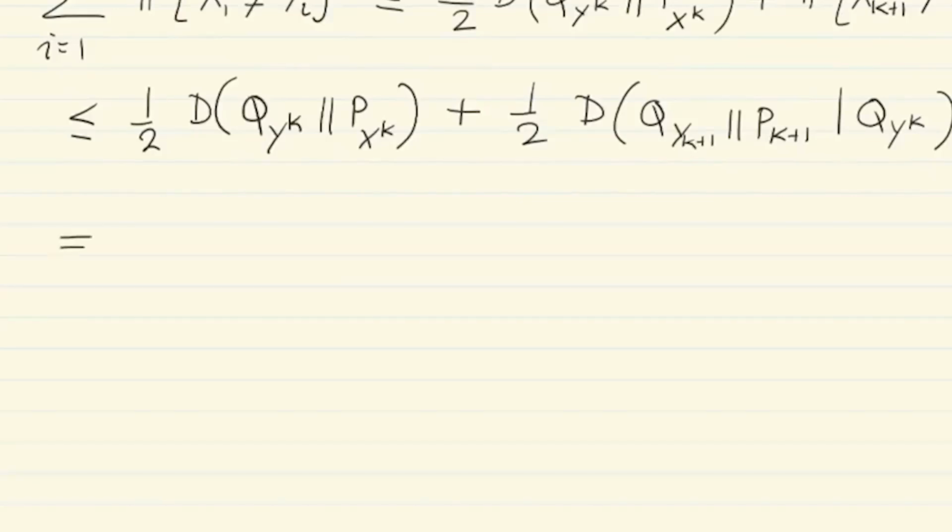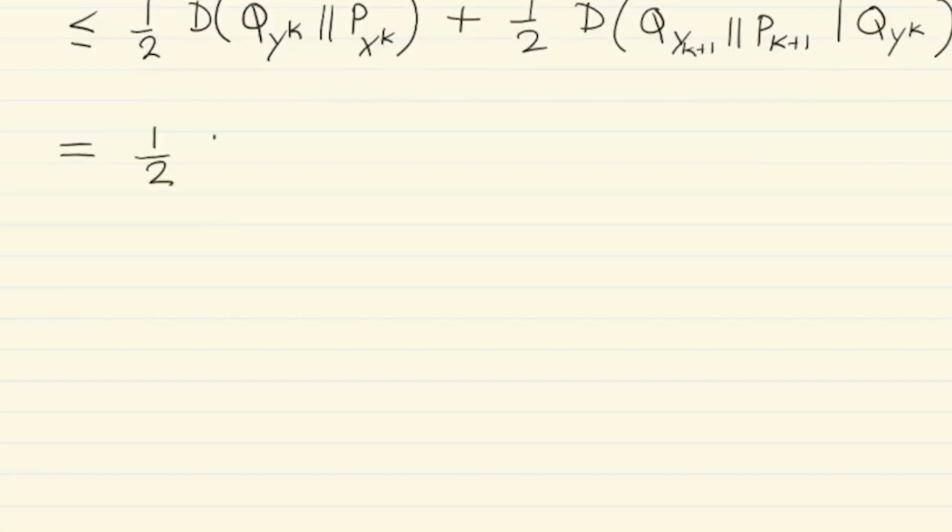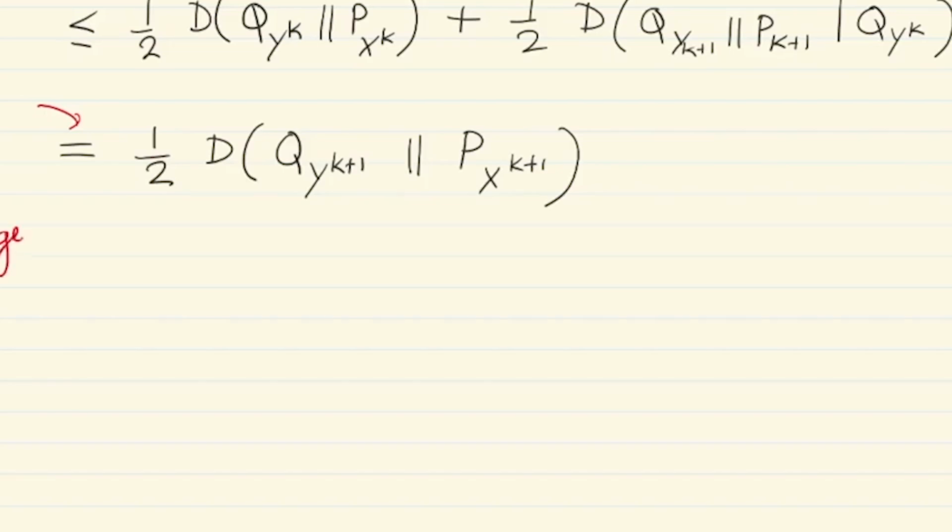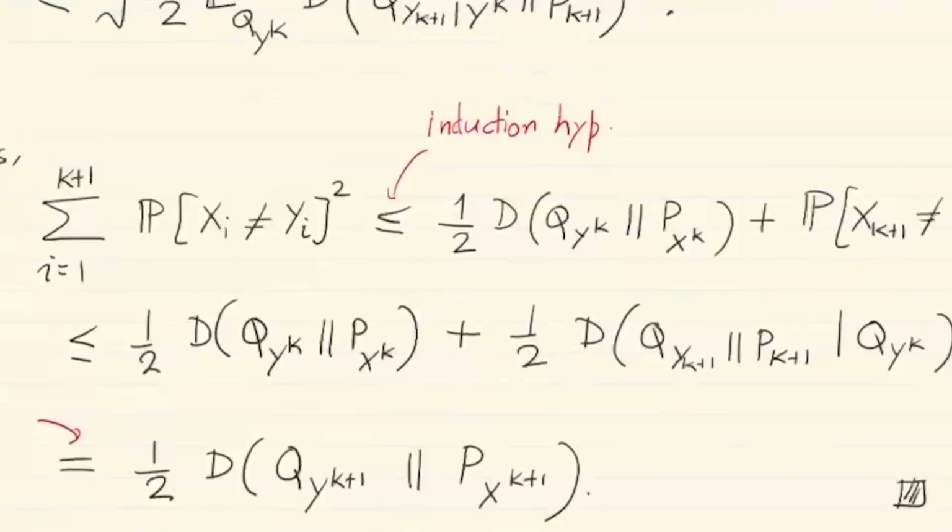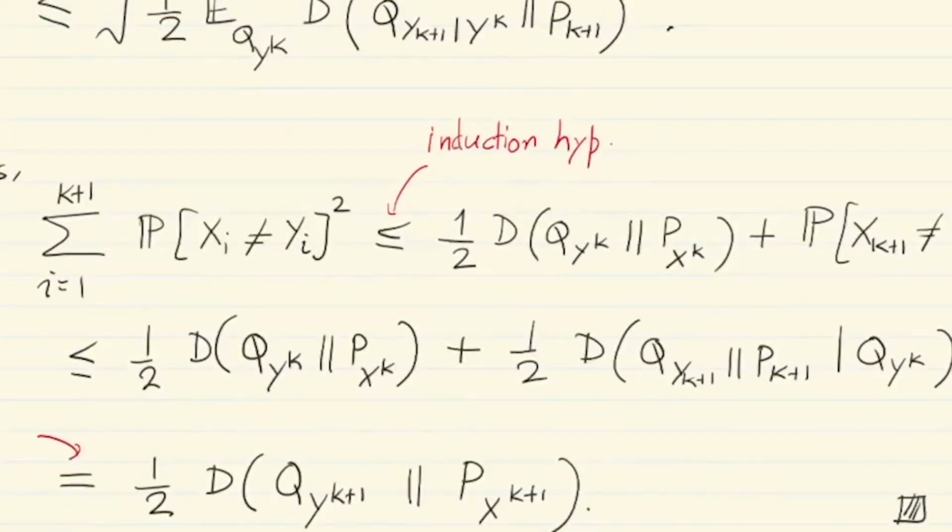And this precisely by the chain rule of KL divergence equals what we want, which is d between q y up to k plus 1 and p of x up to k plus 1. So this is by the chain rule for KL divergence, which you have seen earlier. And that completes the proof. So this was McDiarmid's inequality or the bounded difference inequality derived using a very different method, which is via the transportation lemma. Thank you.